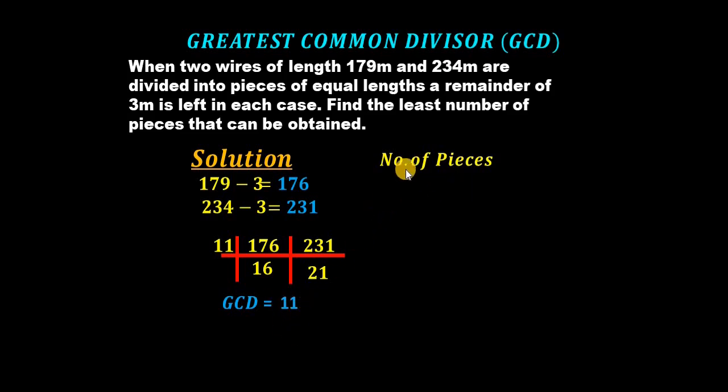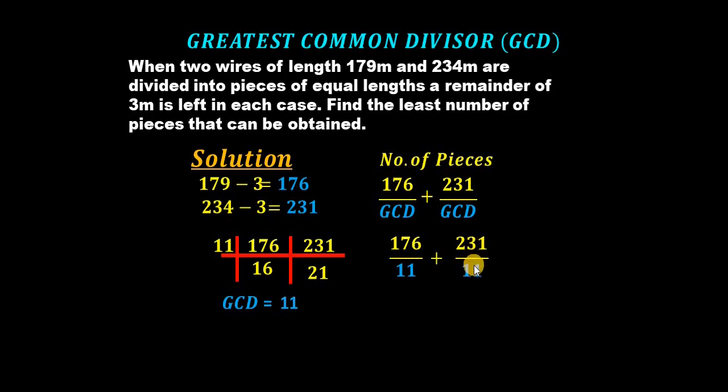When we add that, that should give us the total number of pieces obtained. So we have 176 over 11 plus 231 over 11.